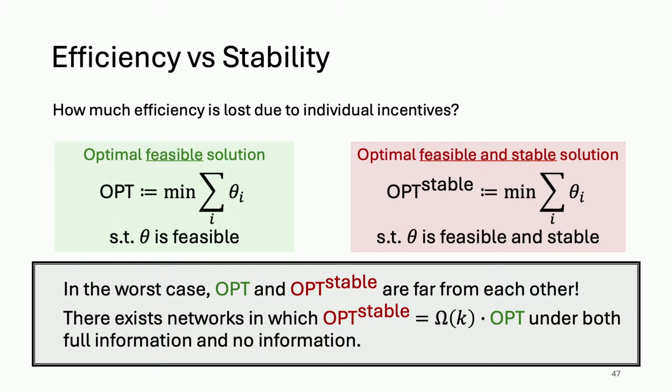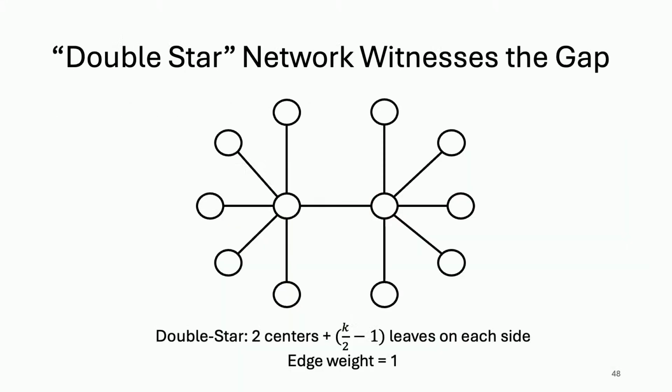And then they show that the optimal solution and the optimal stable solution can be far away from each other. Indeed, it can be very bad. That is, the stable solution can be k times worse than the optimal solution under both full information and no information settings.